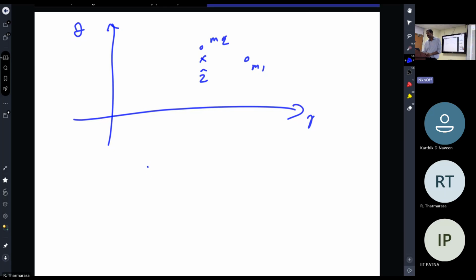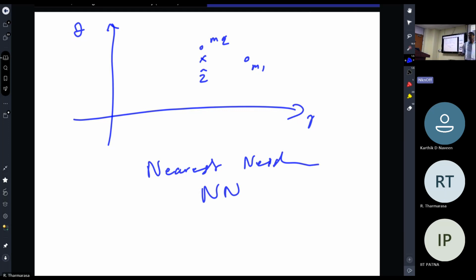We are going to use nearest neighbor. That is the approach for data association. You have your predicted measurement here, and you have 2 measurements here and there. You want to pick the right measurement using the one that's closest to the predicted location. Right? So in which case, which one is the closest one?